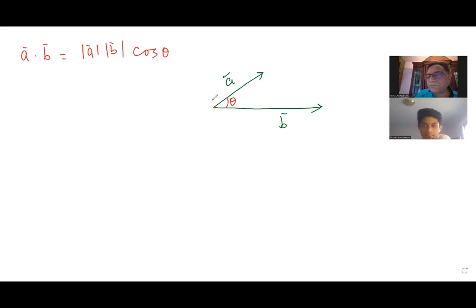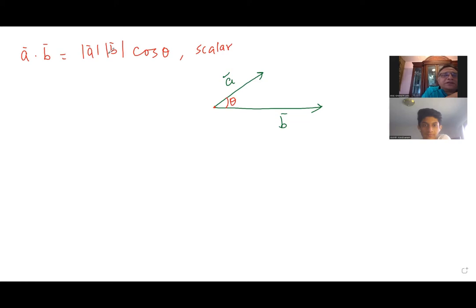You get the idea? Yes, sir, tail to tail. So now, A dot B is magnitude of A times magnitude of B times cos theta. And you can see it is a scalar quantity, right? Right. Since magnitudes are scalar and cosine theta is also a scalar quantity.